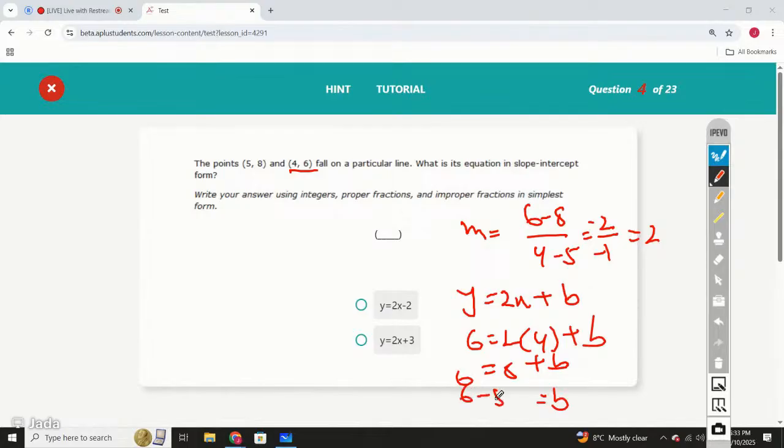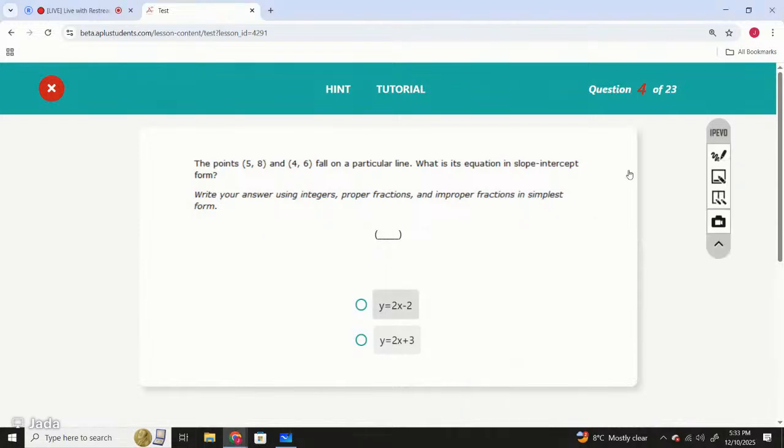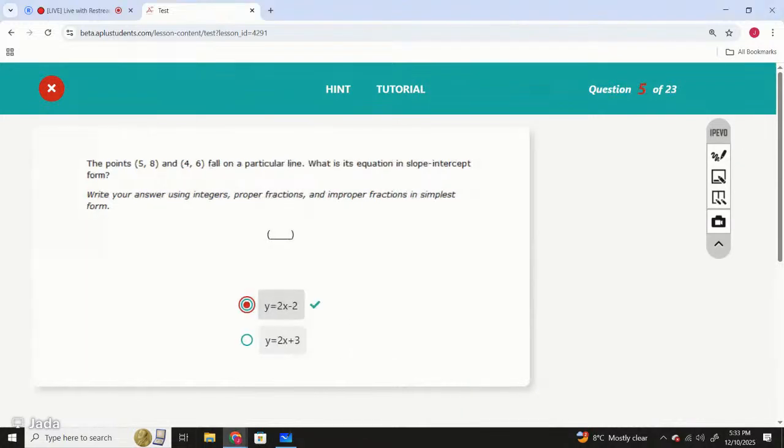So b is equal to 6 minus 8, b is equal to negative 2. So y equals 2x minus 2. Option number 1 is the correct option. Got it?